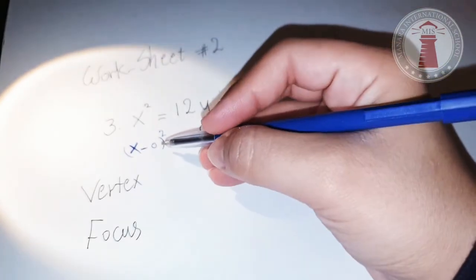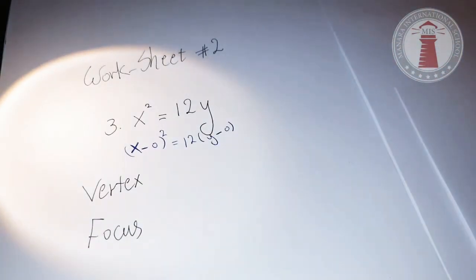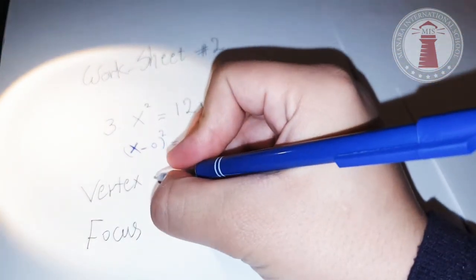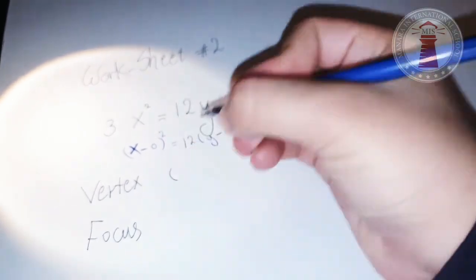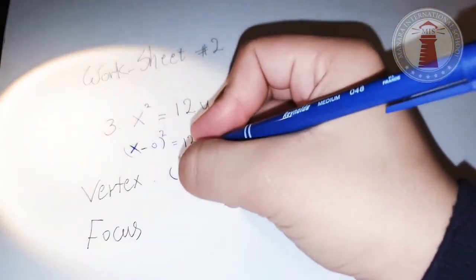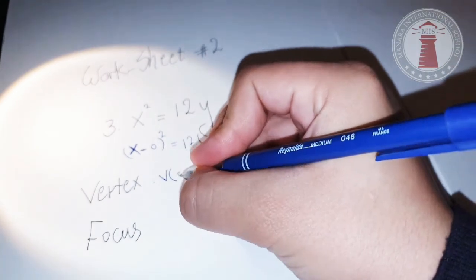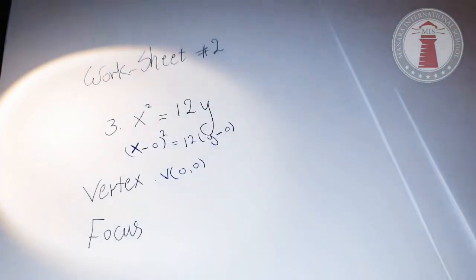So the h and k that we have, the vertex, is (0, 0). That's the vertex.